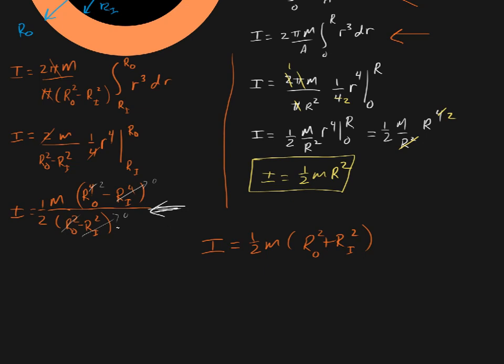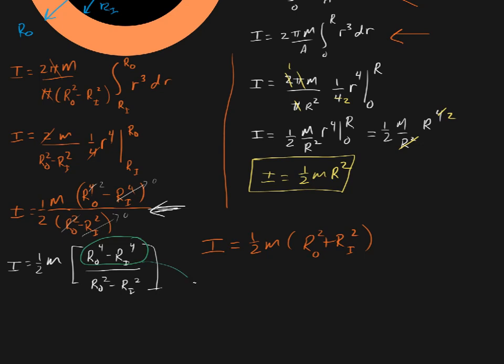And basically the way you do that is you have to focus on the r's. And so we get this expression here, r outer to the fourth minus r inner to the fourth over r outer squared minus r inner squared. So the way we take care of all of this is we got to focus on what's happening in the numerator here.